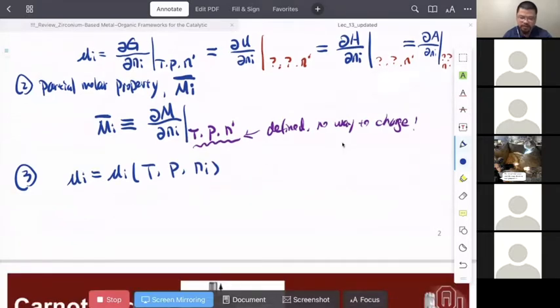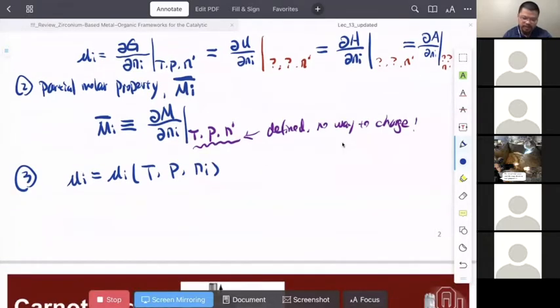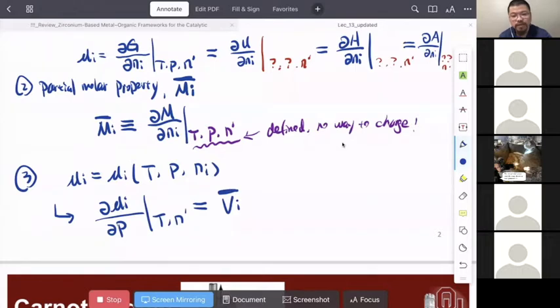So over there, we follow the discussion pattern. We look at the full derivative and partial derivative of mu_i. We realize that this partial derivative of mu_i with respect to what? Pressure, while keeping the temperature and other components fixed. That we will receive. This is the partial molar volume of that component.